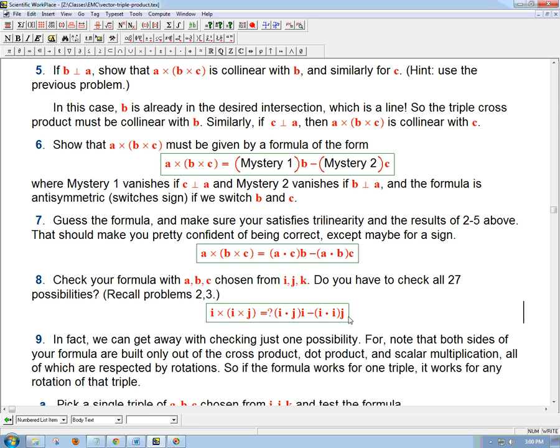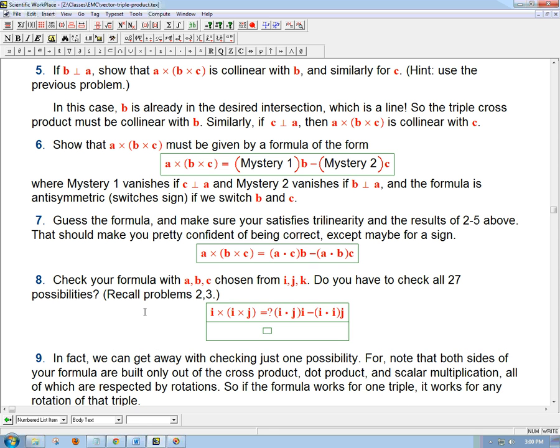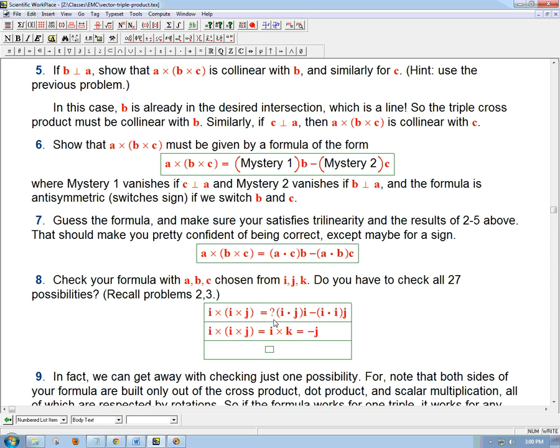Well, the left-hand side is I cross K. I cross K, that's minus J. And indeed, that's what we get on the right-hand side. The right-hand side, I dot J vanishes, and then the sign gives me minus J.